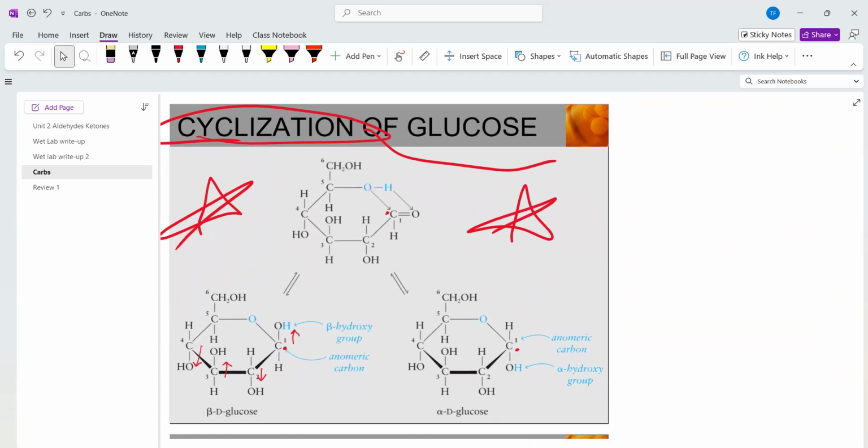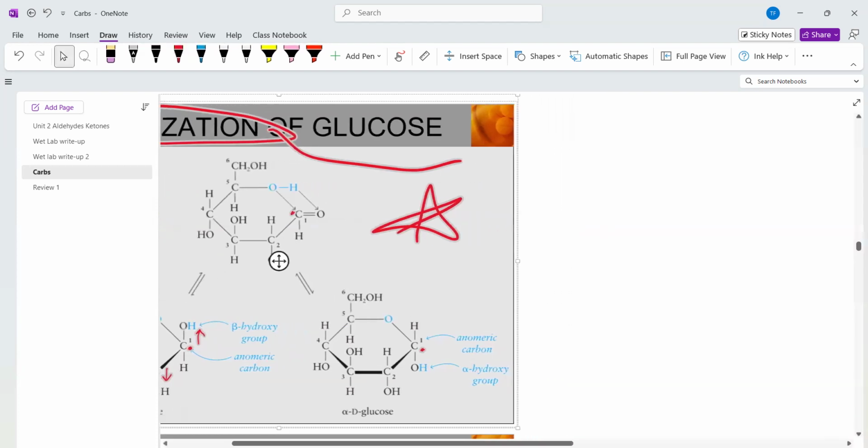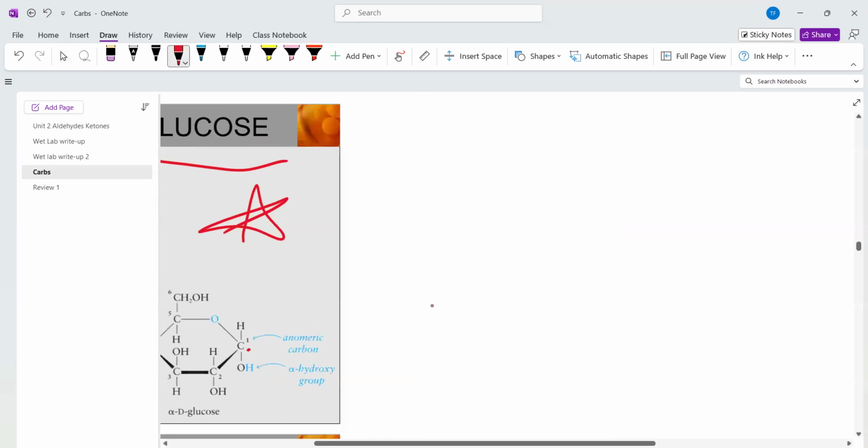The cyclic form of the monosaccharides is the most stable, hence it's the one that's usually shown. But there is a small percentage when these guys open up. And when they open up, it looks like this. So if we redraw these over here, I'm going to do glucose now.